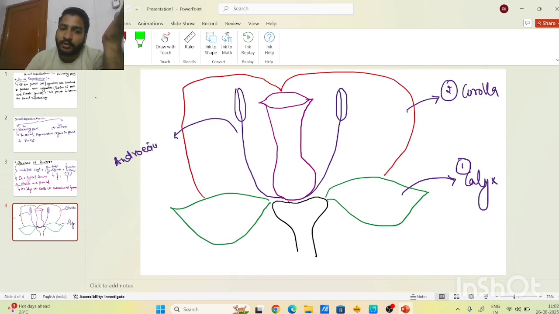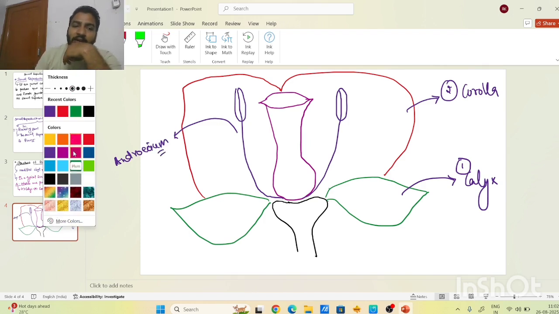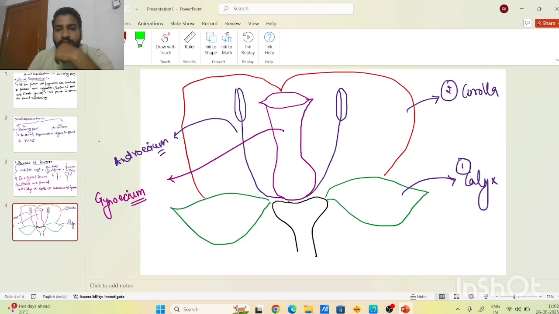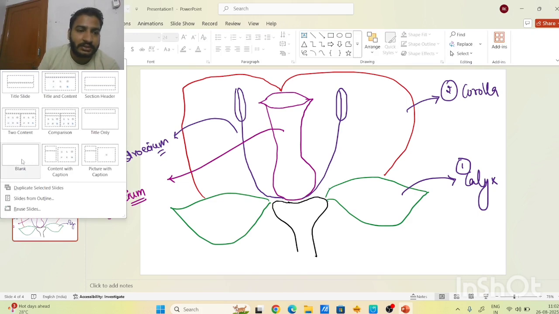Stamen is the single unit of androecium. And the last part, which is present in the center, is known as gynoecium. Now we are discussing one by one each part of this flower and the features of this structure.